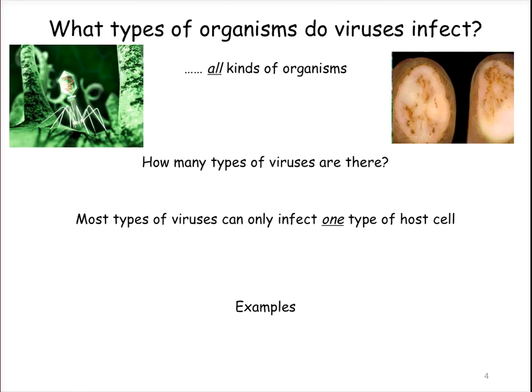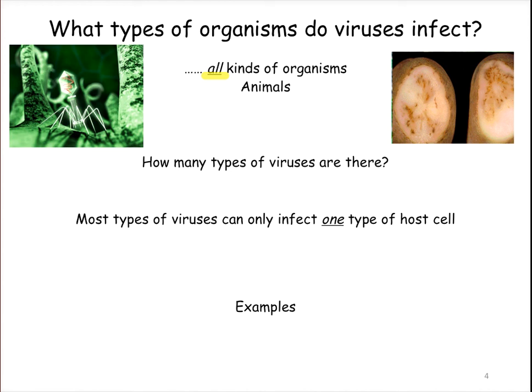So, which kinds of organisms have cells that can serve as host cells for viruses? The answer is really all kinds of organisms can be infected by viruses. So this means that animals, and this is not just humans, but everything from whales to foxes to birds to insects can host viruses.